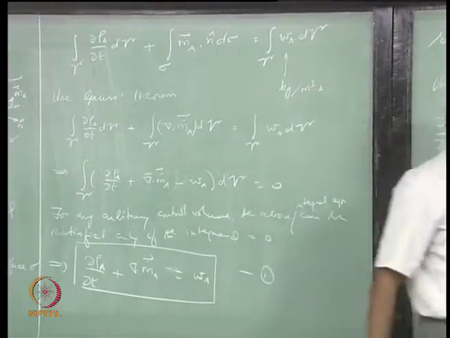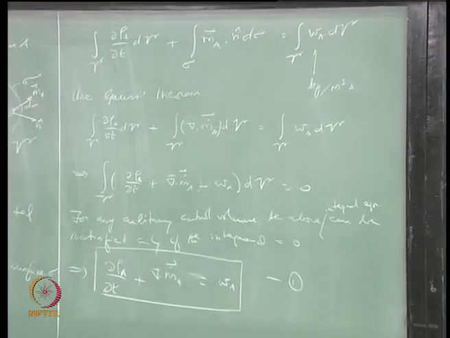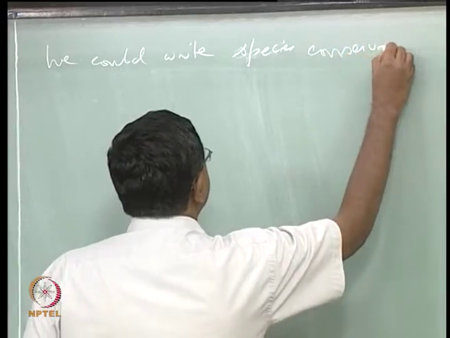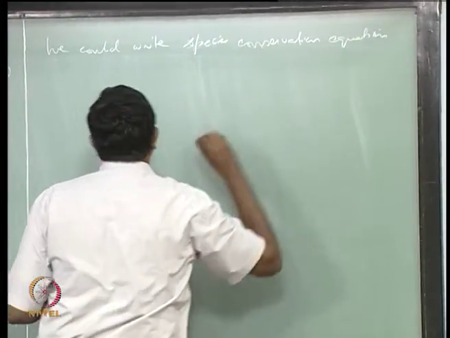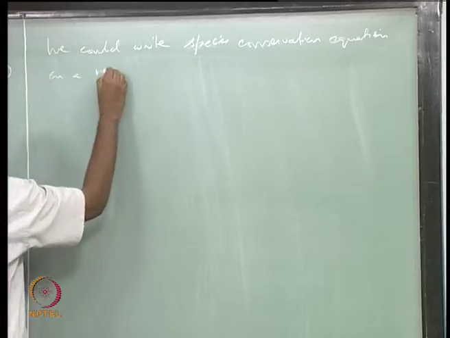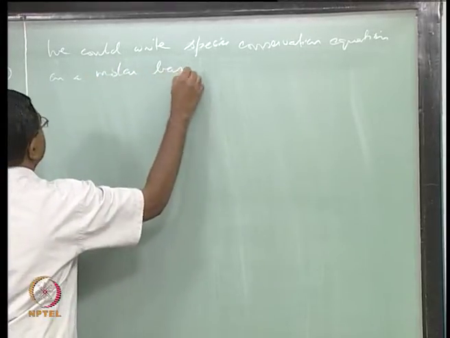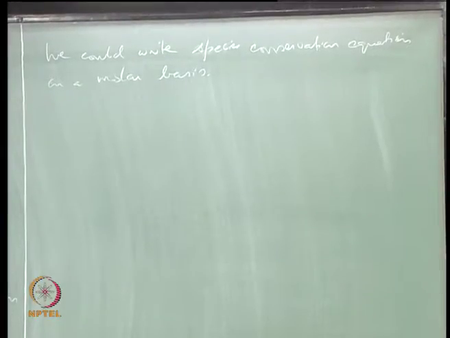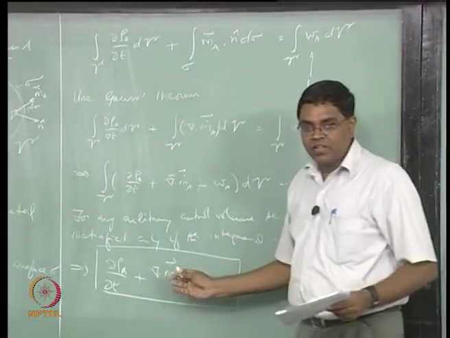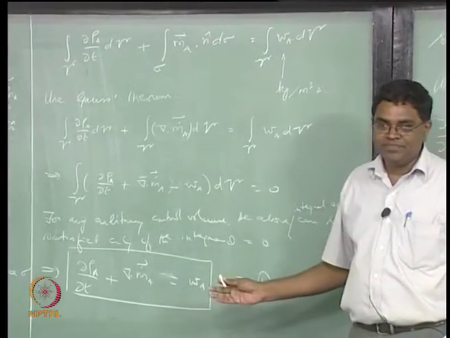Okay, so we could write a species conservation equation on a molar basis. We will pretty much get the same thing, except that we will just change our notation. We will not use rho, we will use C, we will not use M, we will use N, we will not use W, we will use omega, right?